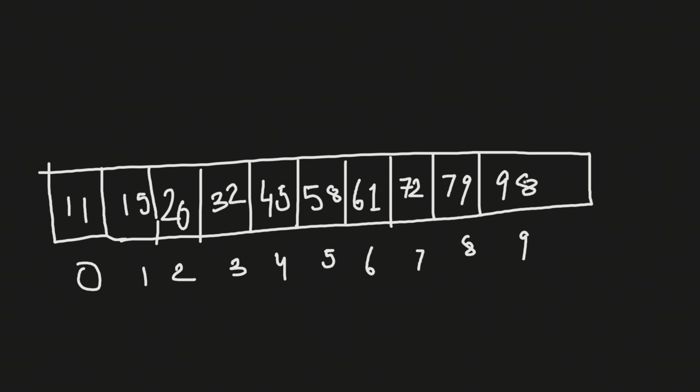A few things I wanted to share with you regarding binary search. Binary search should always be performed on a sorted array. It should not be performed on an unsorted array. Okay, and when we take binary search, we consider this first value as low, or we can say start, or beginning.